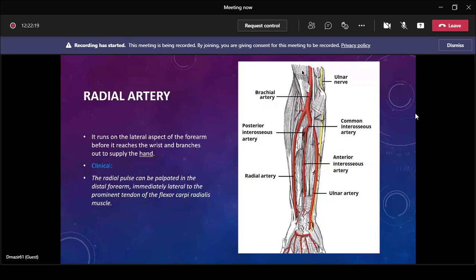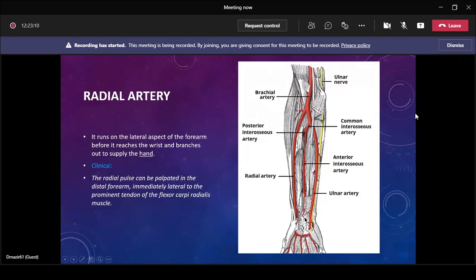The anterior runs on the anterior aspect of the interosseous membrane up to the proximal border of the pronator quadratus muscle, and then it penetrates back and takes part in the formation of the dorsal carpal arch, while the posterior interosseous has already traveled to the posterior compartment at the upper part of the forearm, and runs on the posterior aspect of the interosseous membrane to participate in the formation of the dorsal carpal arch.